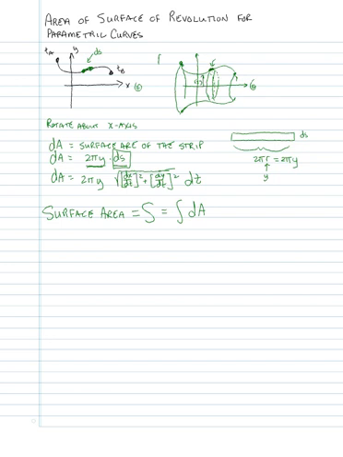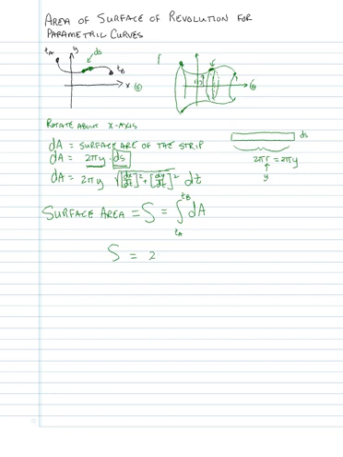And we're going to start that. Well, let's look at our curve. The first t value is t subscript a, and the last t value is t subscript b. Now, of course, we have a replacement for dA. So the surface area is equal to the integral of, now what is it we have? A 2 pi.